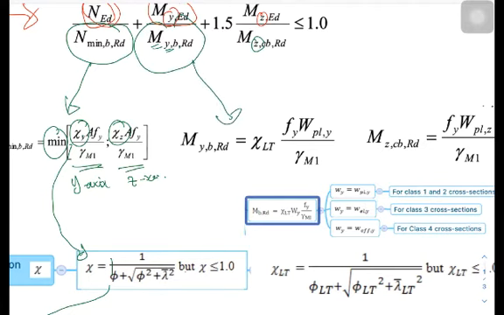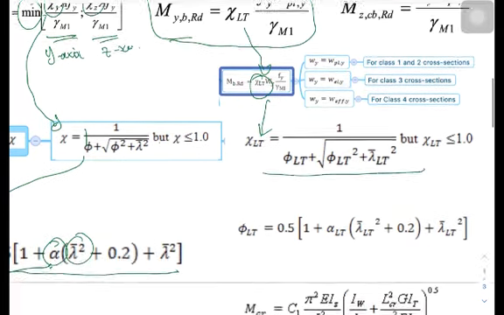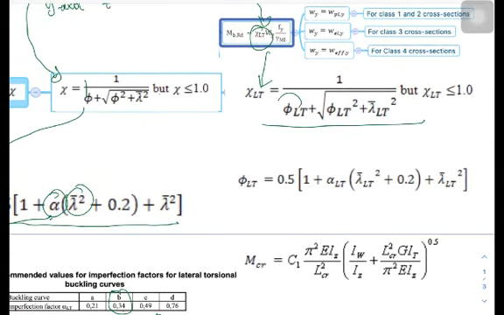Again, this one, if you can remember, is almost similar to lateral torsional buckling. You need to calculate what we call chi LT, which comes from this formulation here. To get the value of chi here, you need to know this formula.